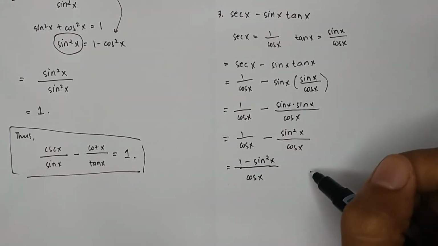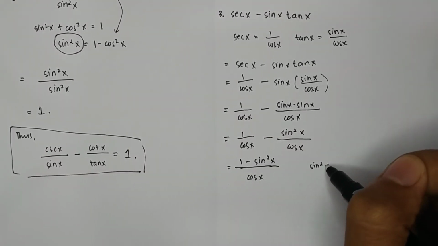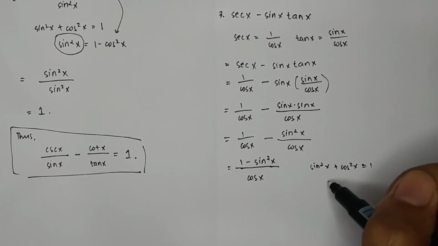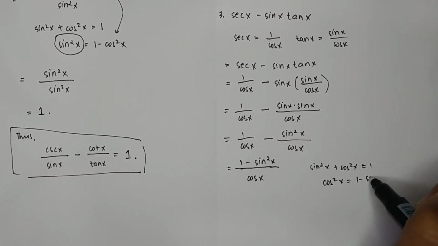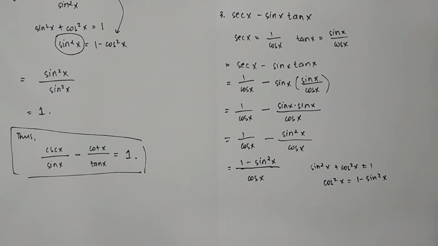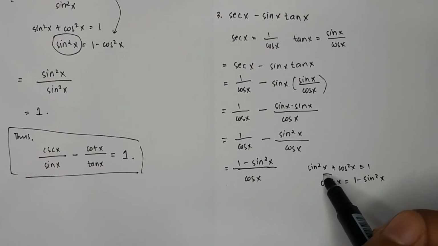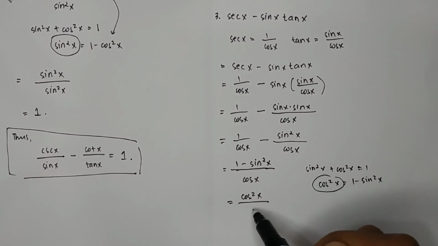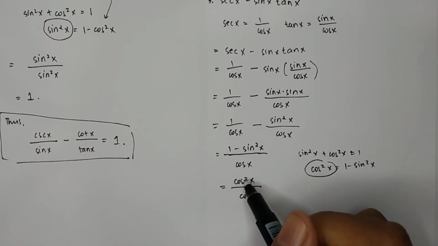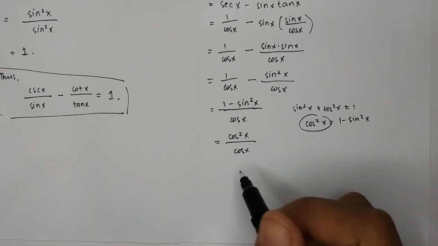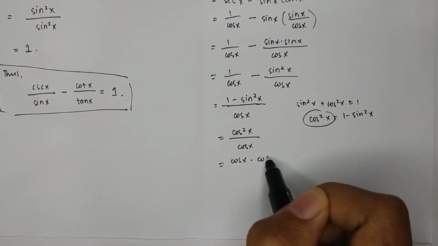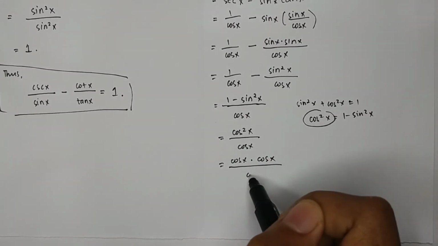Again, by the Pythagorean identity, sine squared x plus cosine squared x is equal to 1. So cosine squared x equals 1 minus sine squared x. So we have cosine squared x over cosine x, which is cosine x times cosine x over cosine x.